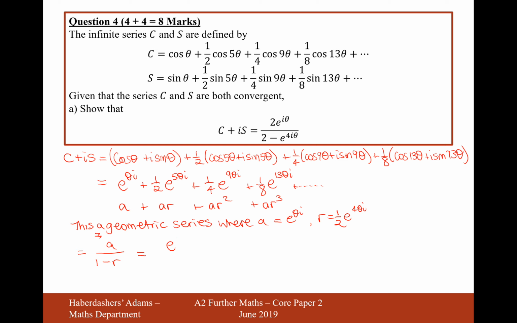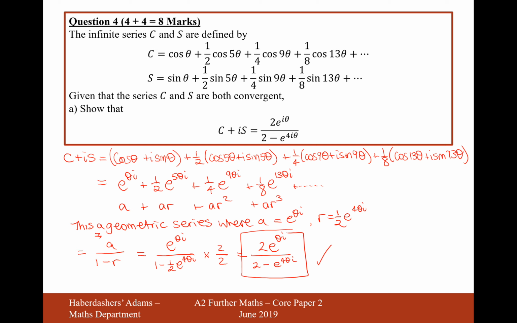It keeps the fraction equivalent, so it's going to be 2e to the theta i over 2 minus e to the 4 theta i. And there we are, that's the answer to what we want to show. So we've shown that C plus iS is equal to this expression here.